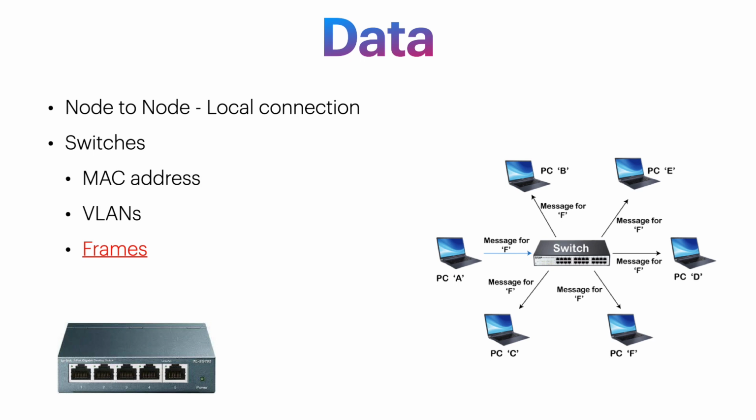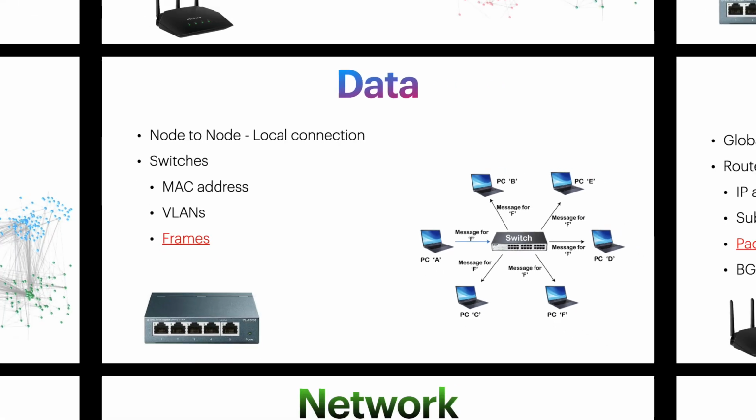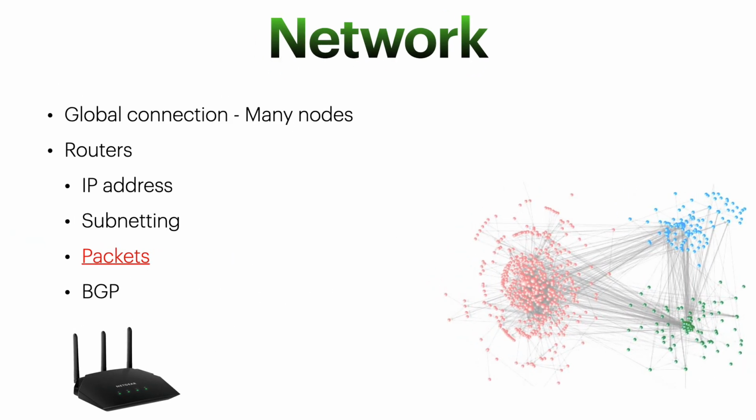We can use VLANs to separate the different hosts, different computers, from communicating to each other. And the name of the packet, the name of the data, is called a frame in this layer. At the bottom we have a switch, and here at the right we have a local area network, a very small one.